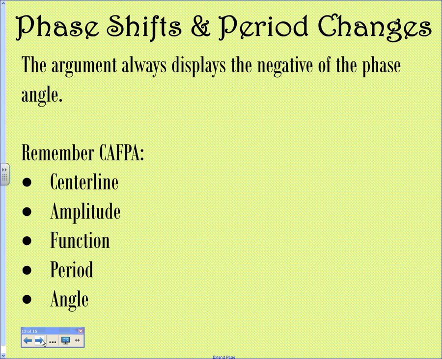So using CASPA, you get the whole equation. There's nothing else that we're going to add to a sine or a cosine equation. Those are the 5 parts.